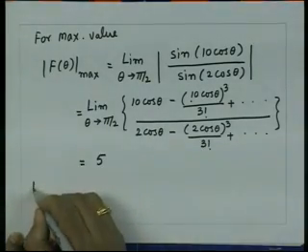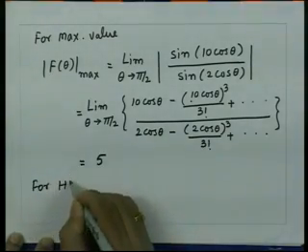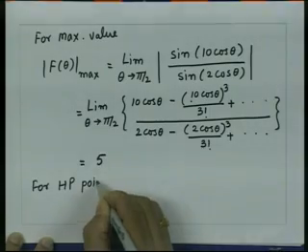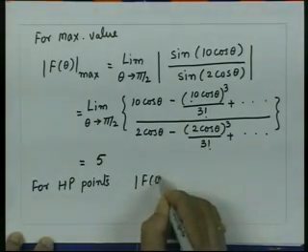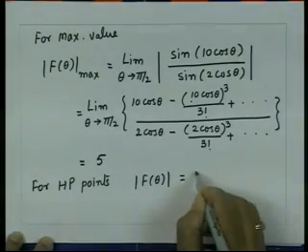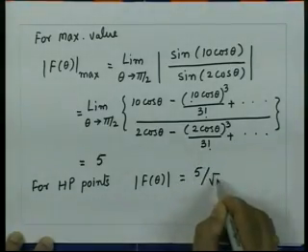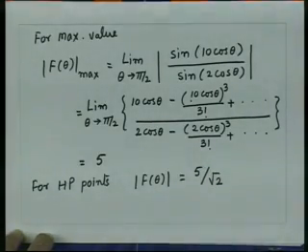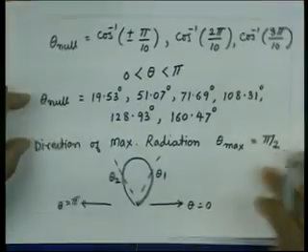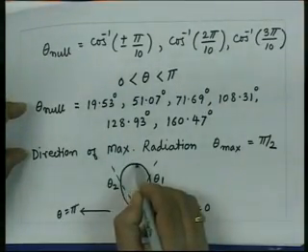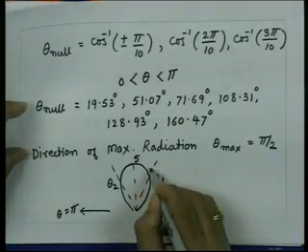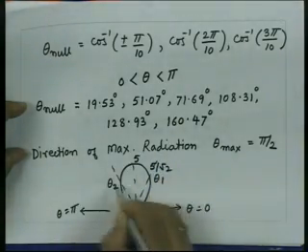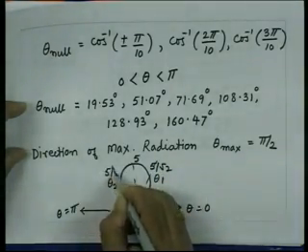So, for half power points, mod of f theta should be equal to 5 upon root 2. So, you have the maximum value, which is equal to 5 in the radiation pattern, and this point is now 5 upon root 2, this is 5 upon root 2.